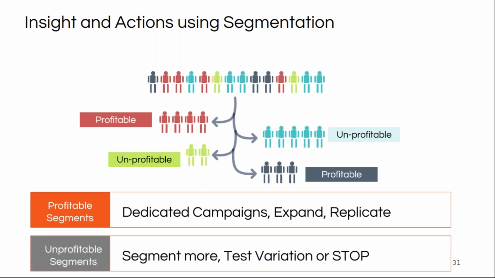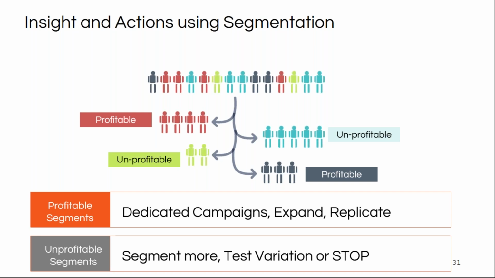And also we need to work with unprofitable segments. If you have found any unprofitable segment, try to identify opportunities within it. Let's say you found age 20 to 25 male is unprofitable, then launch campaigns for 20 to 22, 22 to 23, so that you can find some profitable segments within the unprofitable segment.